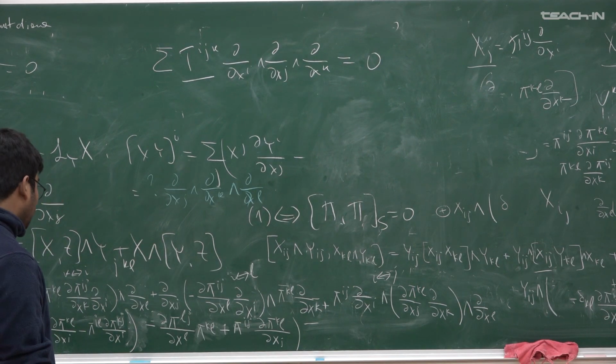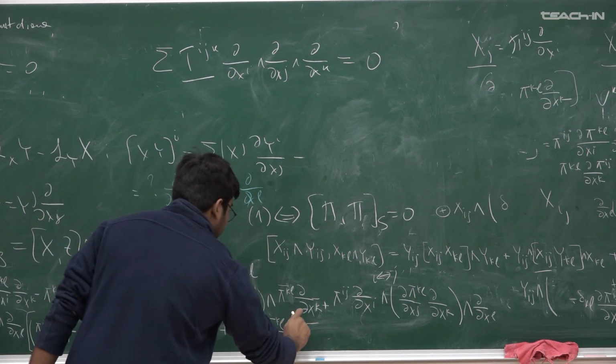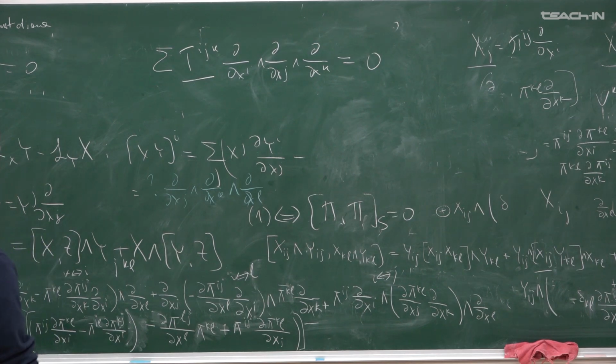Very good. So to make it 0, this whole term somehow should be 0. And if this is 0, and then what?